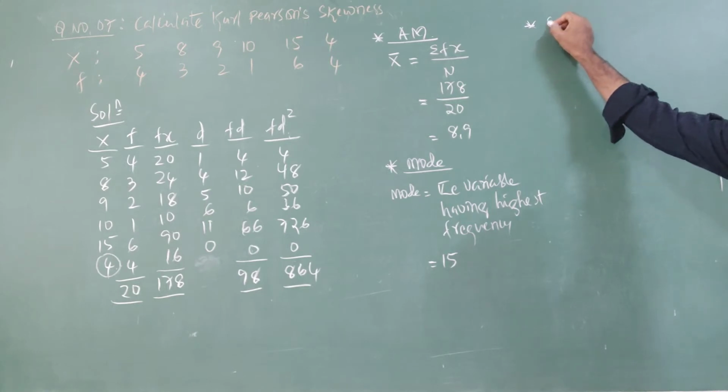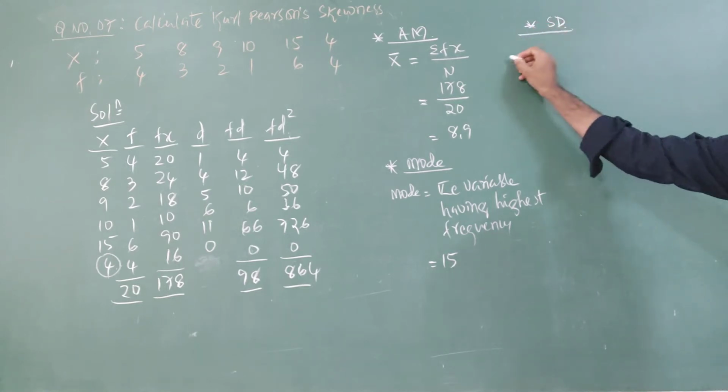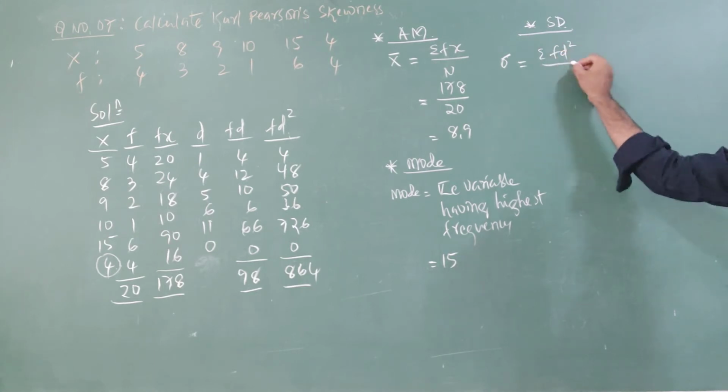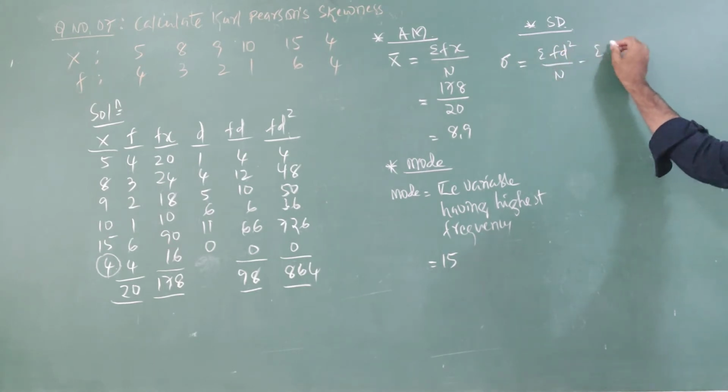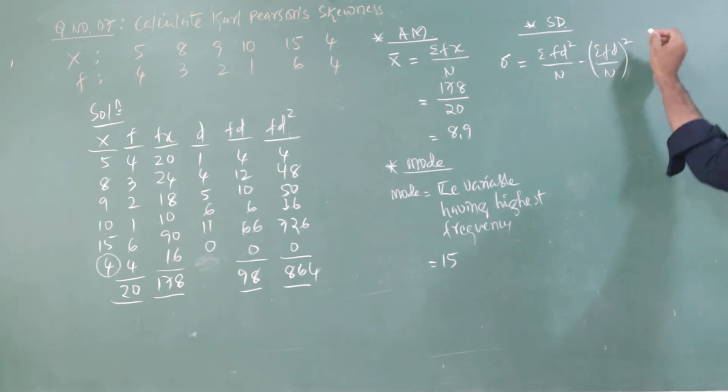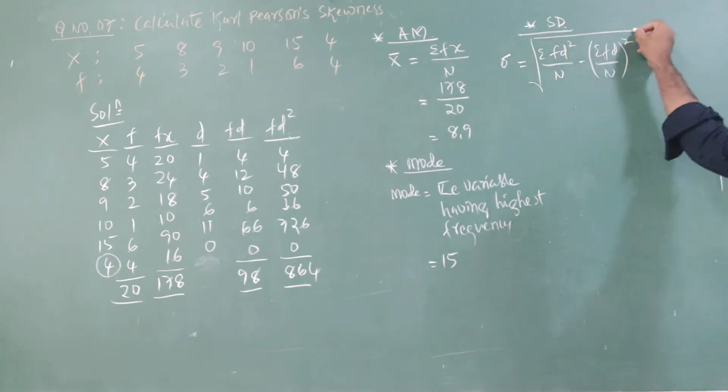Now find the standard deviation. The formula is standard deviation equals the square root of summation of fd square by n minus summation of fd by n whole square. This entire expression is under the root.